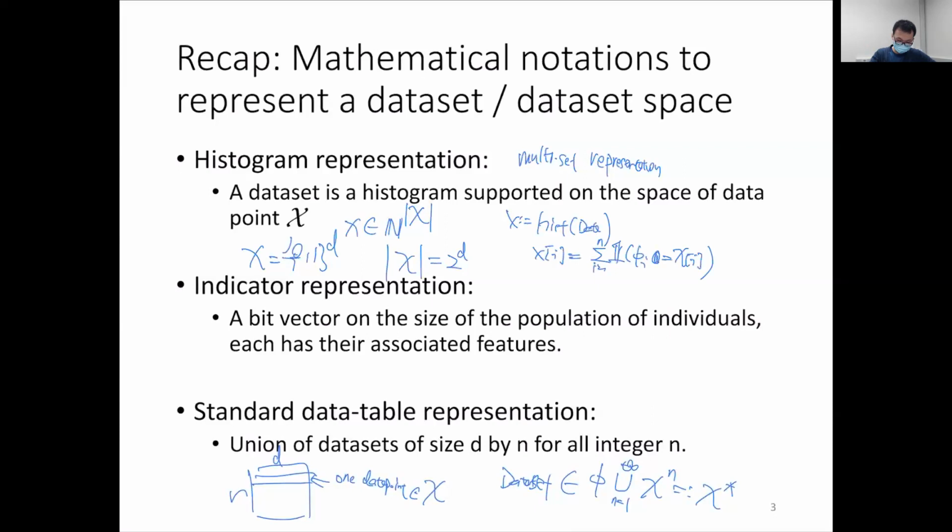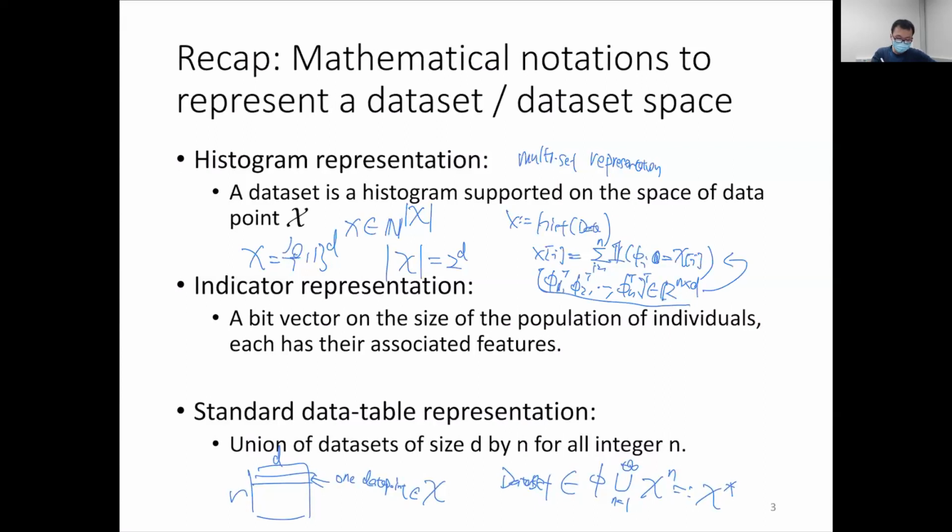And alternatively, the data table representation would be phi_1, phi_2 to phi_n transpose, in R to the n by d, right? So that's the data table representation. I can convert it into the histogram representation by summing the indicators.